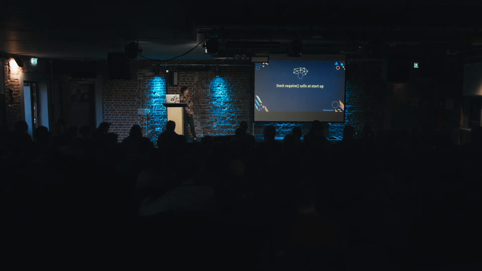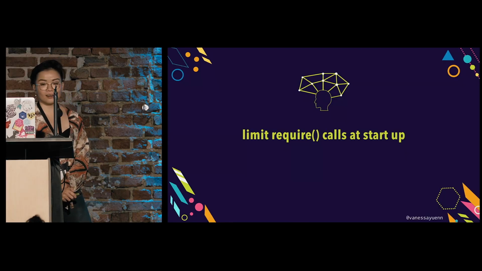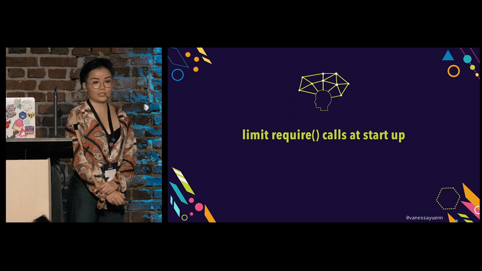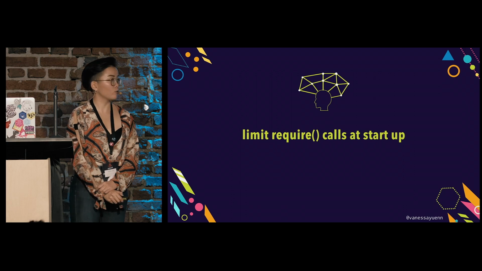So this is a quick tip and an easy win, in my opinion. This is the quickest and easiest way to speed up the startup time of your Electron app: limit the number of require calls.